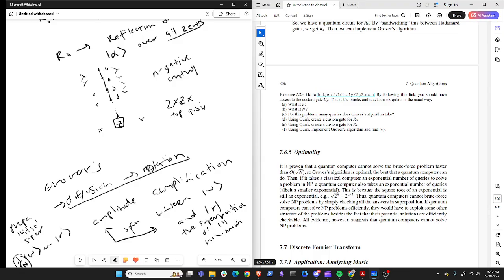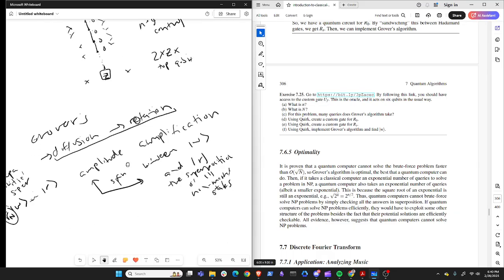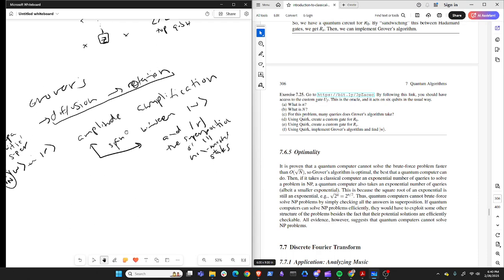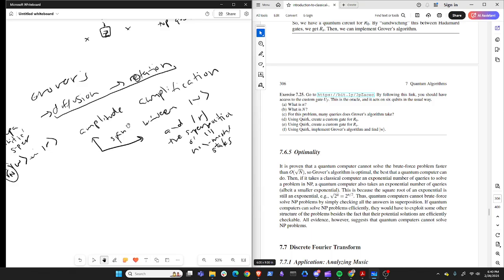So essentially, after each amplification, the amplitude for W is increased and the amplitude for R is decreased.